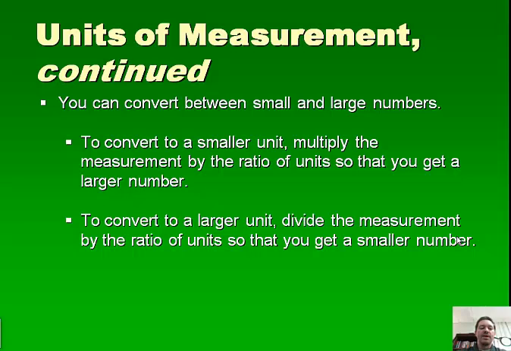The important thing we want to get out of this lecture is that we can convert between small and large numbers. To convert to a smaller unit, we multiply the measurement by the ratio of units so that we get a larger number. And to convert to a larger unit, we divide the measurement, which gives us a smaller number.